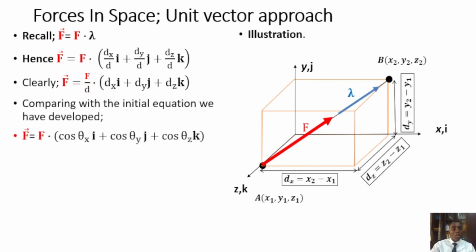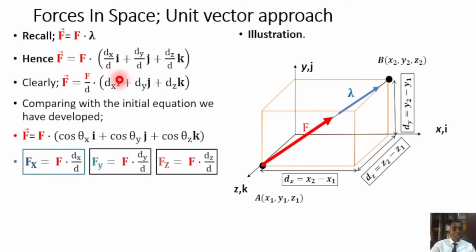Then I can say that, comparing with the initial equation we have developed, now I've done a video on direction cosines, so you can look at direction cosines as well. I'll leave a link below for direction cosines. Now, looking at this carefully and comparing it with what we have here, we can compare this to this and say that the x component is F dx over d, the y component will be F times dy over d, and the z component will be F times dz over d.